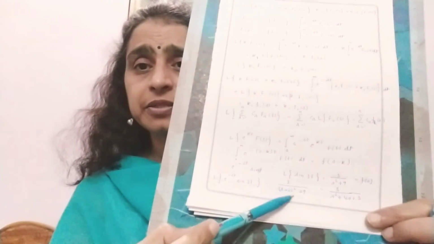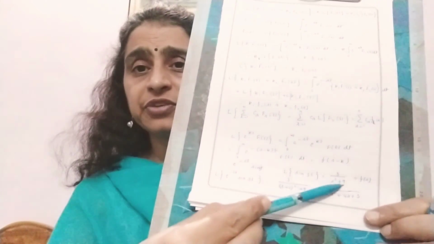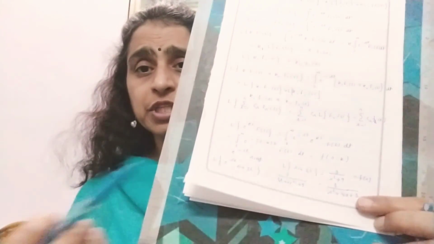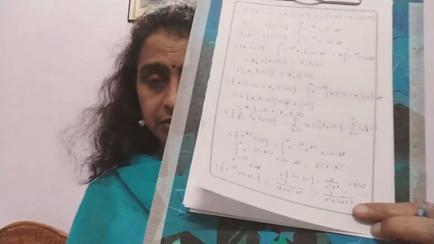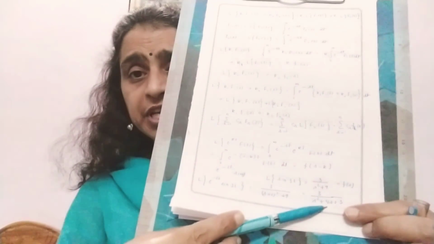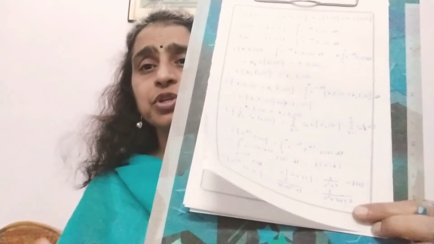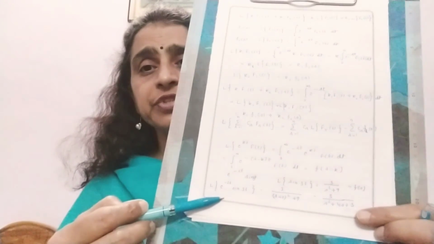It is from this derivation. After solution, this will be equal to 3 divided by s square plus 4s plus 13. So this is the solution of the example which we started with.